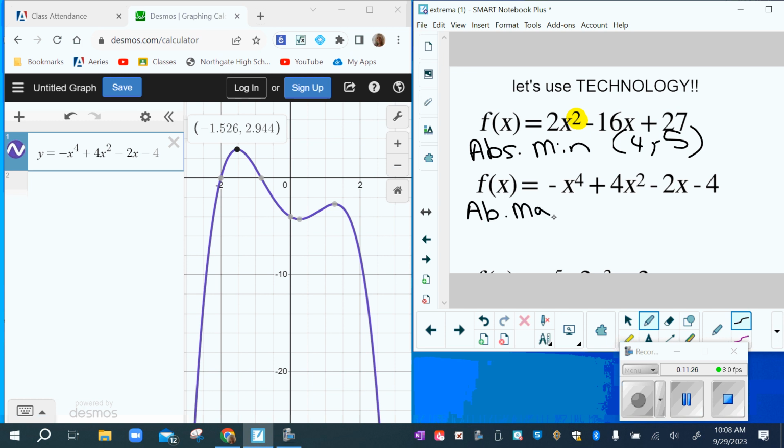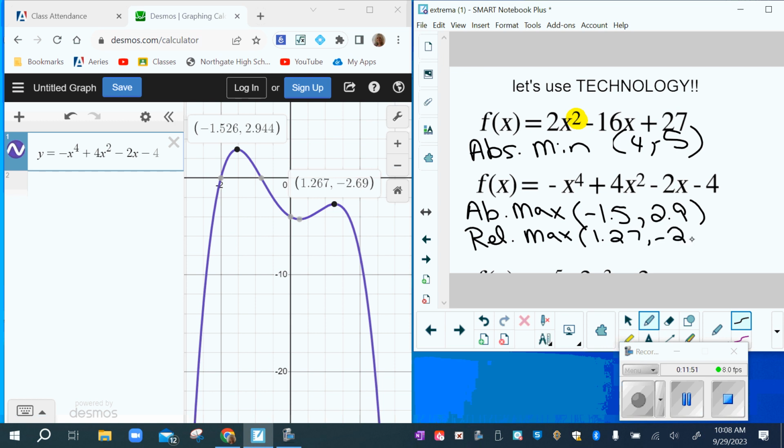Absolute max at negative 1.52. I don't even care about that. 1.5, comma, 2.9. I'm going to have a relative max right there at 1.27 and negative 2.7.